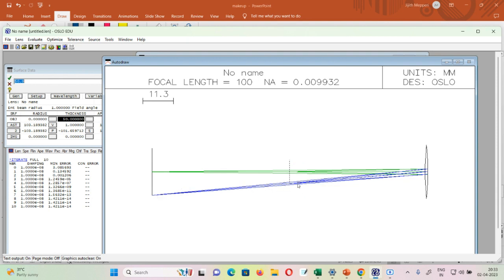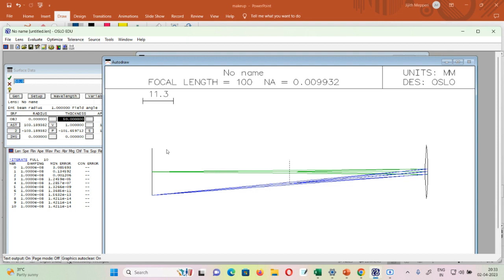You can see that the blue light is emitting from the bottom side and is also reaching the bottom side only. This is the chief ray. So this image is virtual, upright, on the same side, with a higher magnification.